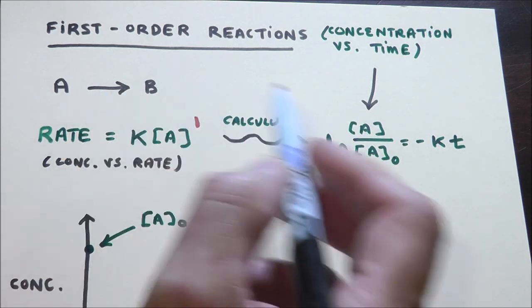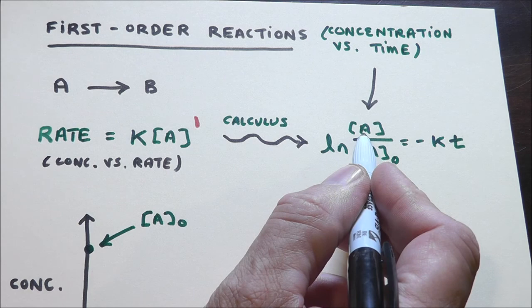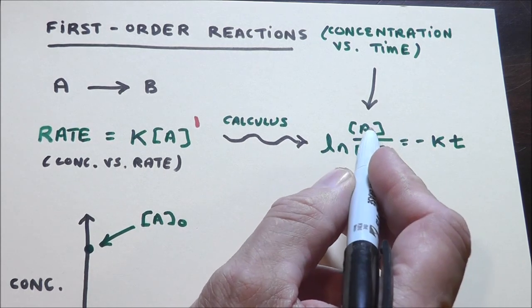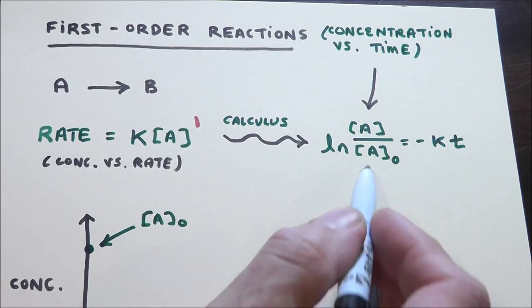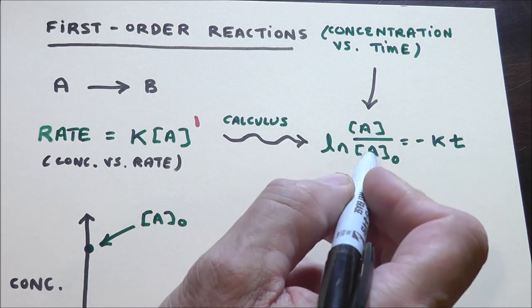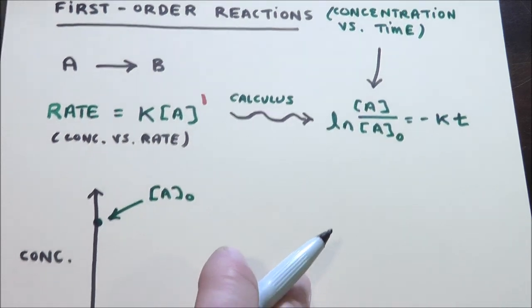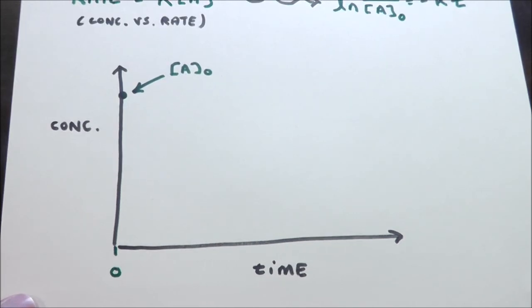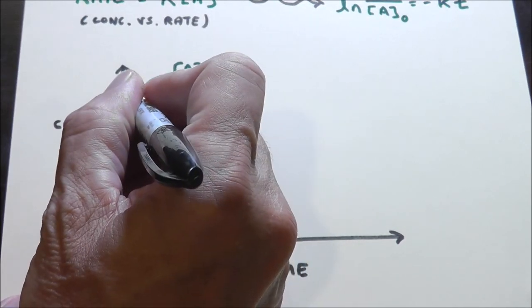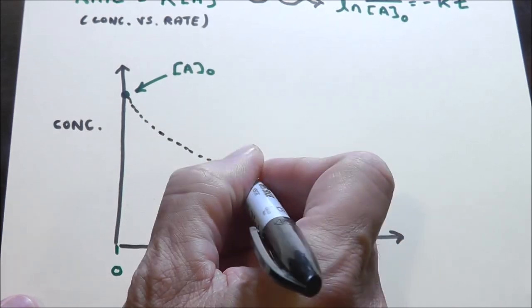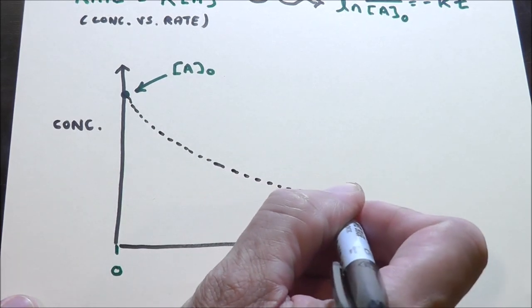So if you think about it, this is a reactant. It's going to disappear. And this fraction is between 1, that's the maximum it could be if the concentration was the initial, and 0. So it could go down to 0. And this is the math that describes a curve where we start out at an initial concentration, and then we kind of decay from there.